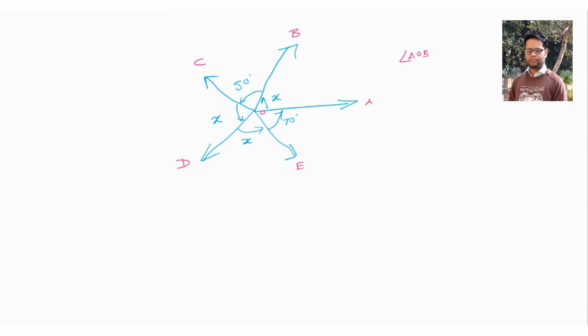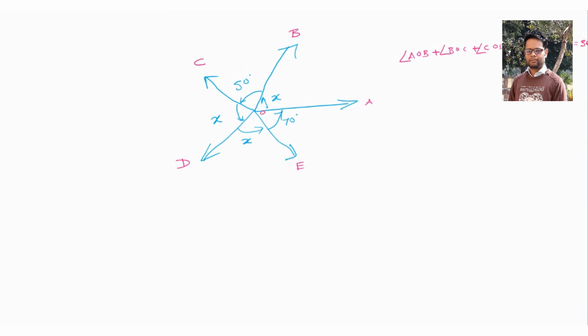AOB plus BOC plus COD plus DOE plus EOA is equal to 360 degree.